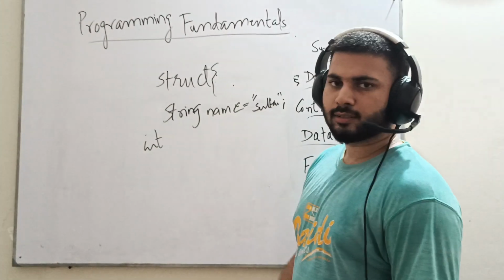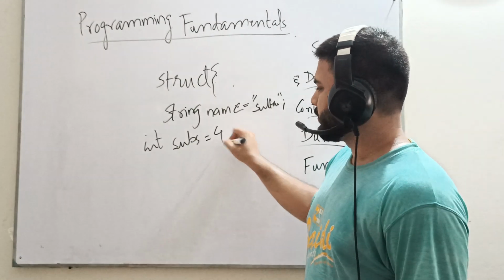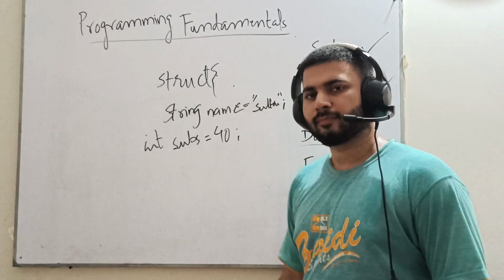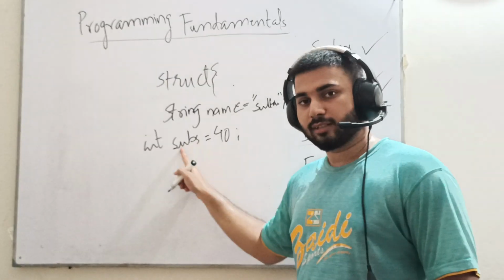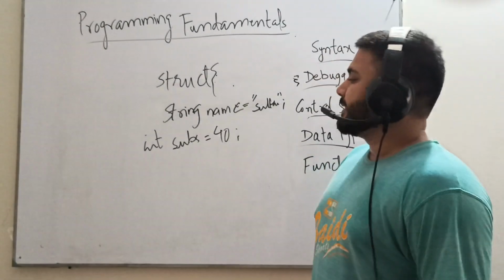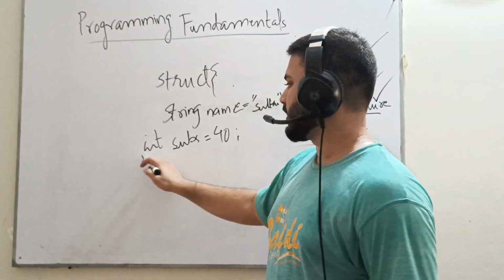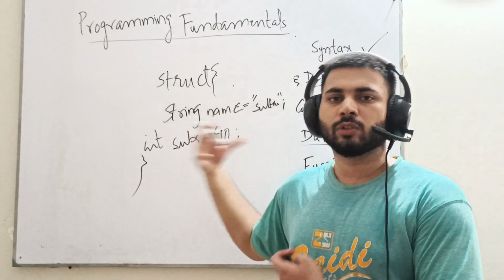Integer subscribers is equal to 40, because this is an integer value. So you can put integers inside of this. And let's just end it here. This is my own data type.